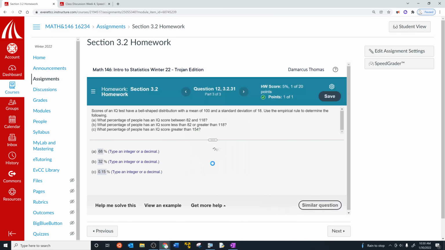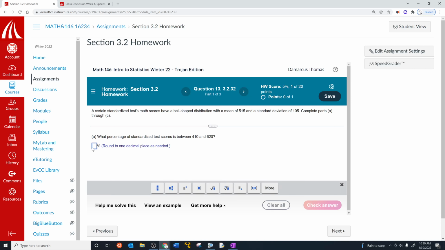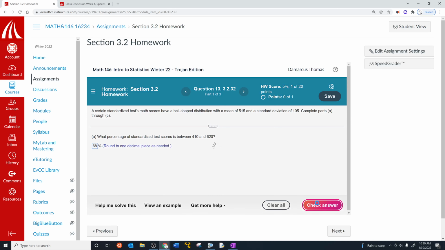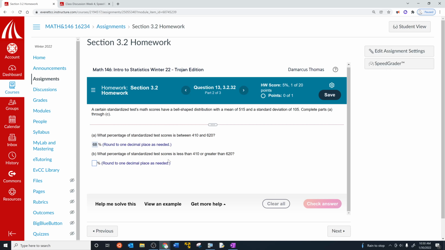Let's look at the next question. Okay, so again, it says a certain standardized test math score has a bell-shaped distribution with a mean of 515, standard deviation of 105. What would be this percentage? Well, if you subtract 105 and add 105, that's 68%. What percent is outside?